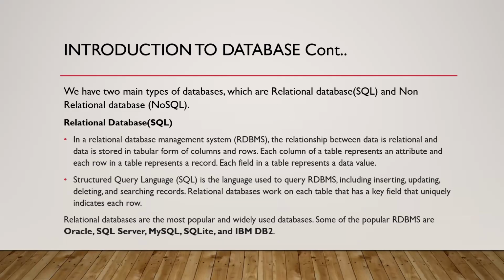For relational databases, they are called RDBMS, relational database management systems, where the data is stored in tabular form, in columns and rows. Each column of a table represents an attribute and each row in a table represents a record.